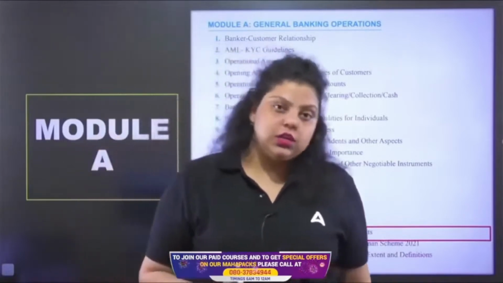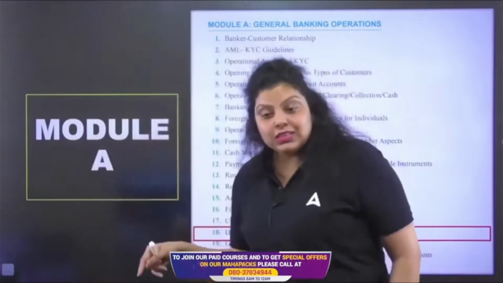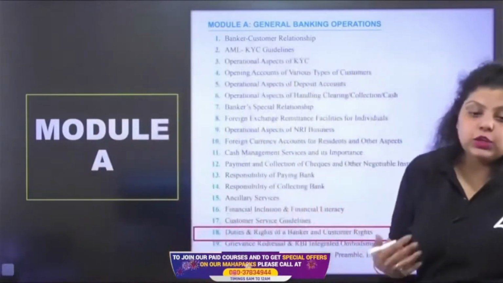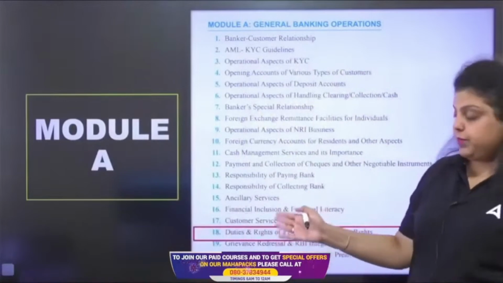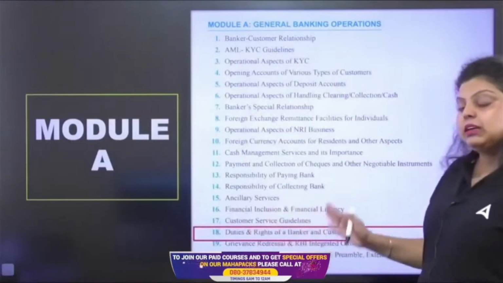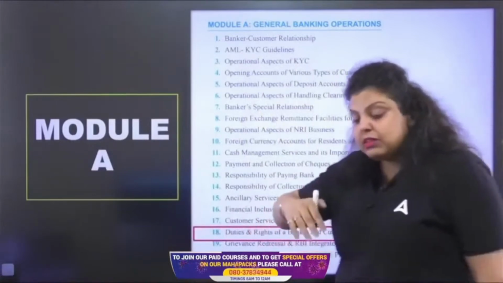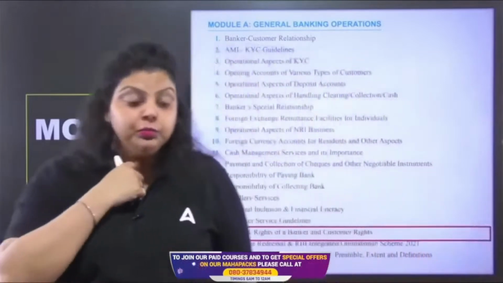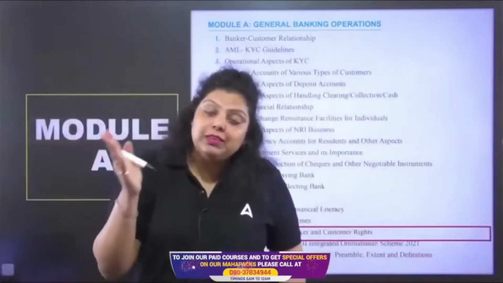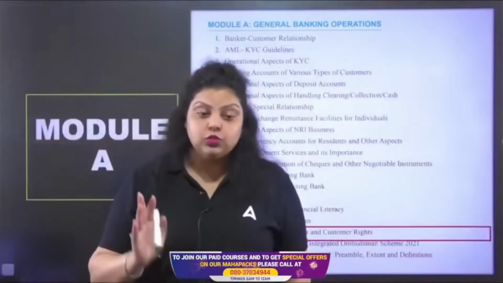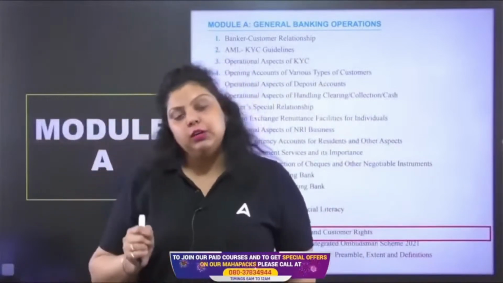These are the special rights. When it comes to the duties, the bank has certain duties to be performed for the customer. The duties and rights of a banker, and the customer also has certain liability towards its bank. It's not like it's always a liability of a bank towards the customer. Customer also has a liability towards the bank.